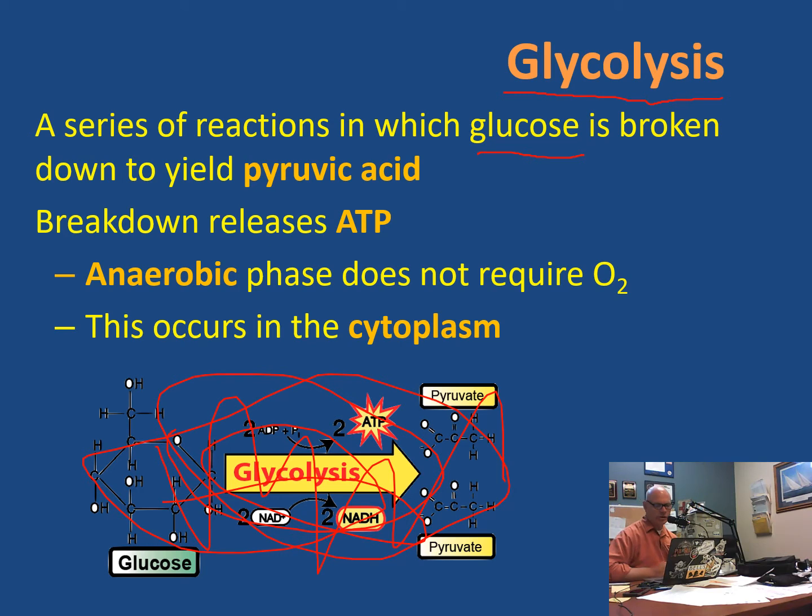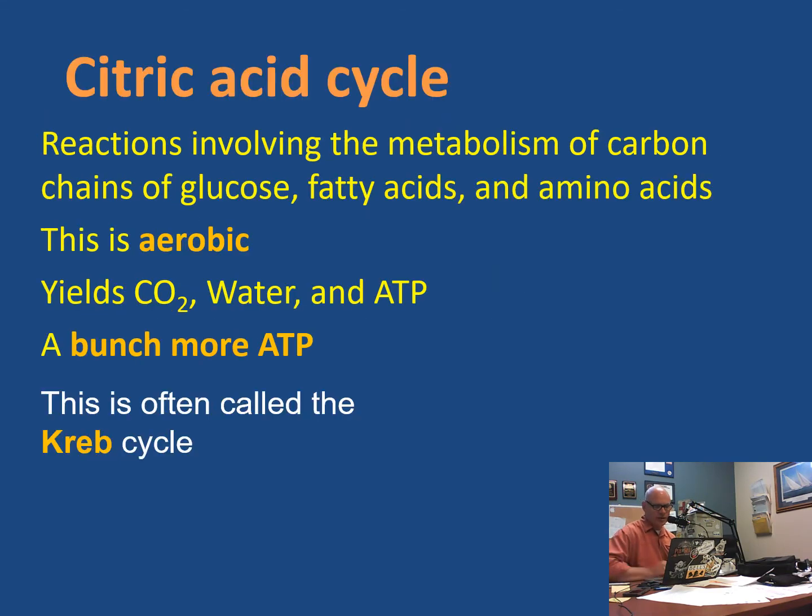A little advanced knowledge: this is all happening in the cytoplasm on the way to the mitochondria, and at the mitochondria, that's where we're going to have this citric acid cycle, and that's going to be aerobic. So before we just needed glucose, now we need oxygen, all right?